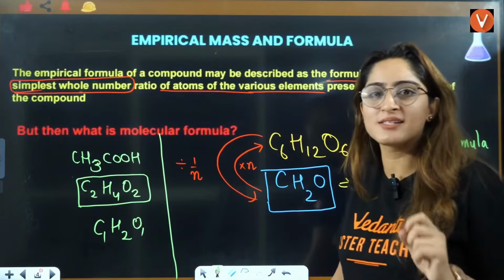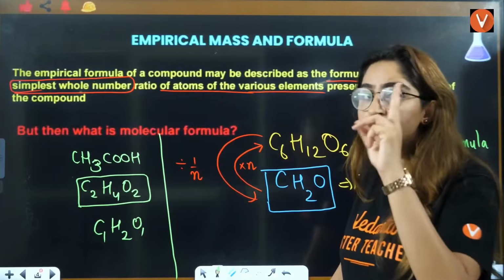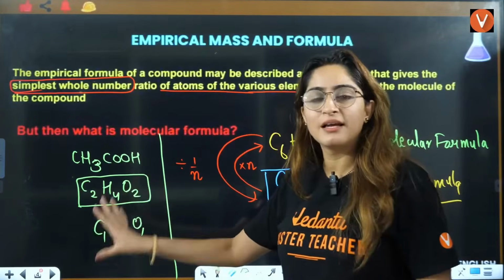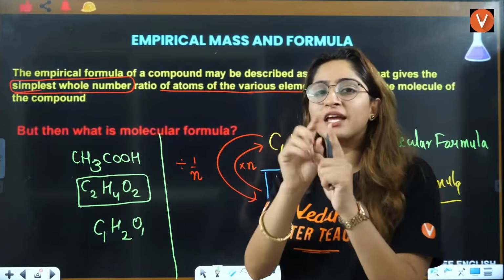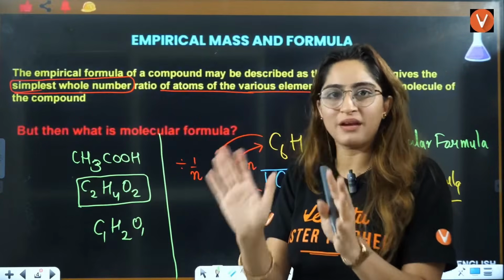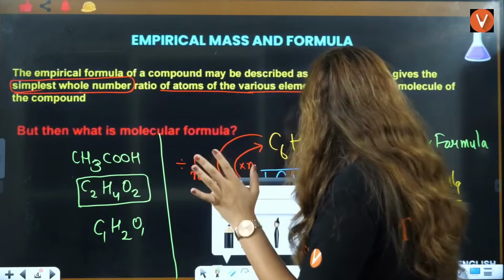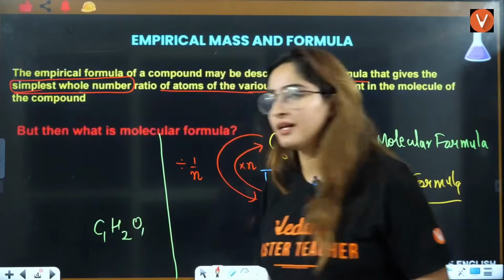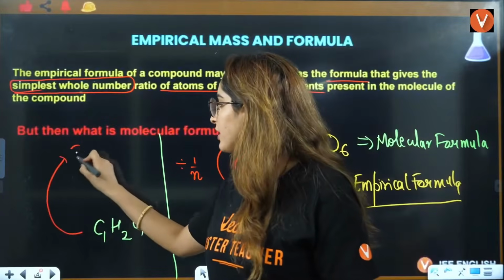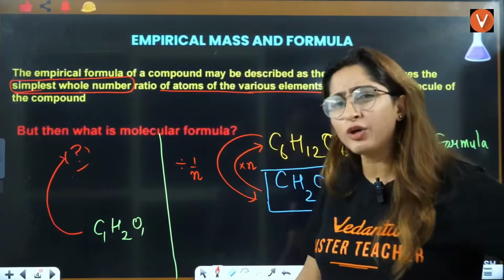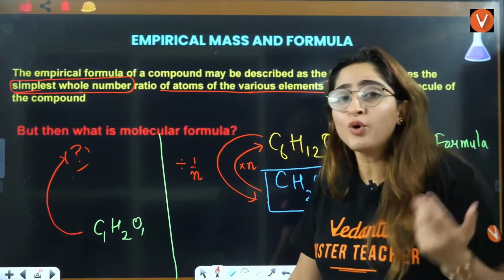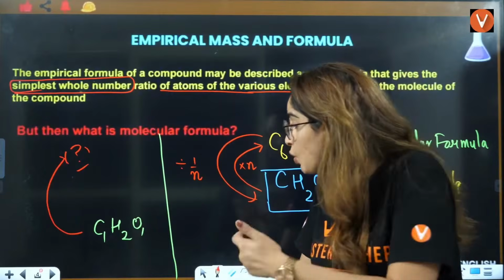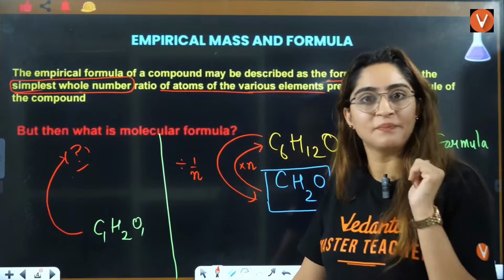That means if we are given just an empirical formula, and I ask you to calculate the molecular formula, will you be able to calculate? You don't know what number to multiply it with, right? So you should know the number it should be multiplied by, right?